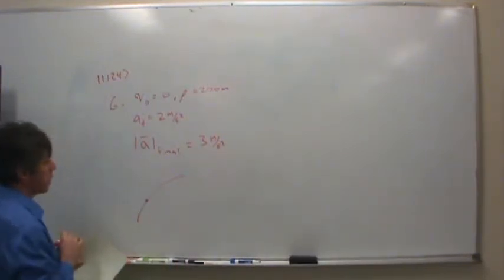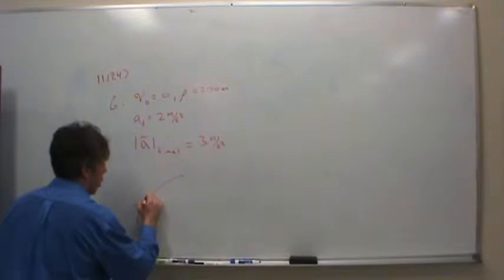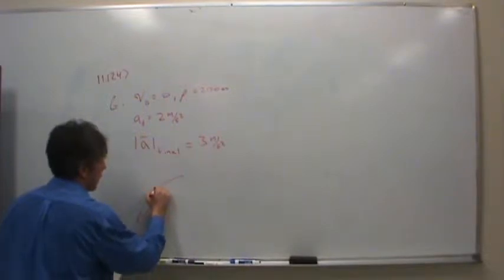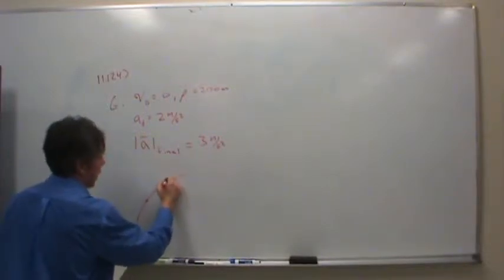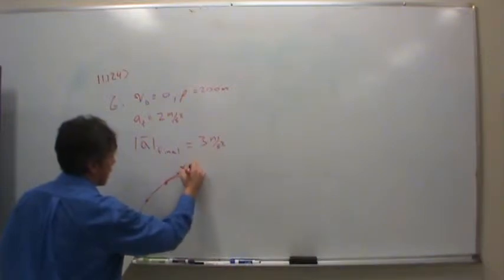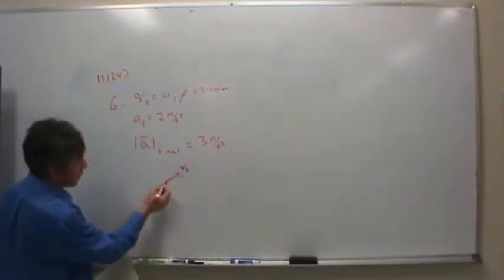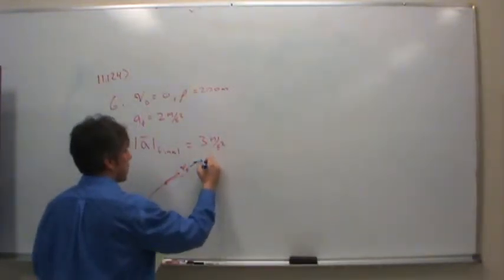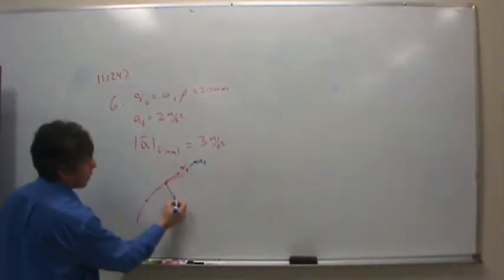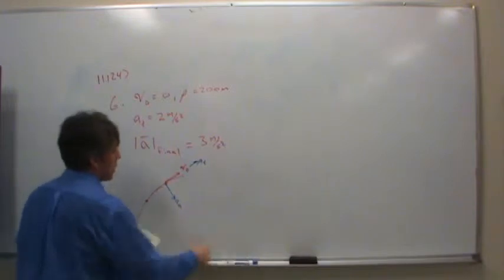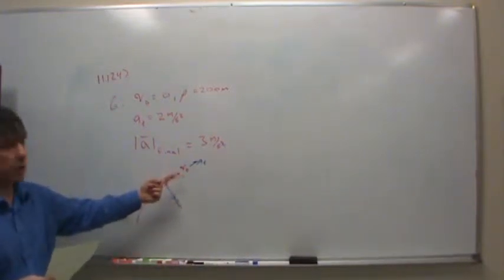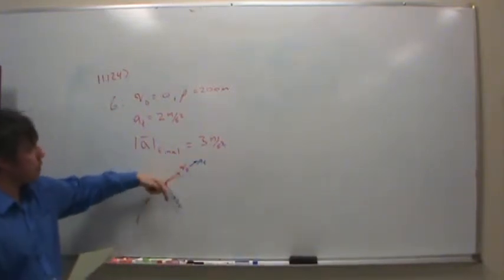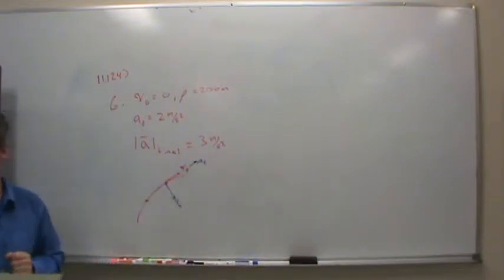I'll just draw it as a particle. It begins with no velocity, but ends up accelerating and having some tangential velocity, but it's moving around a curve now. So now it continues to accelerate in the tangential direction. It's now accelerating in the normal direction since it has a tangential velocity. And so it's the vector sum of these two that is 3 meters per second squared.